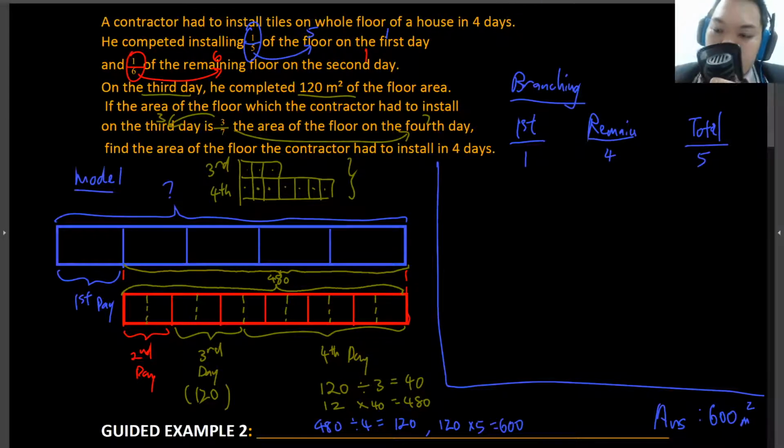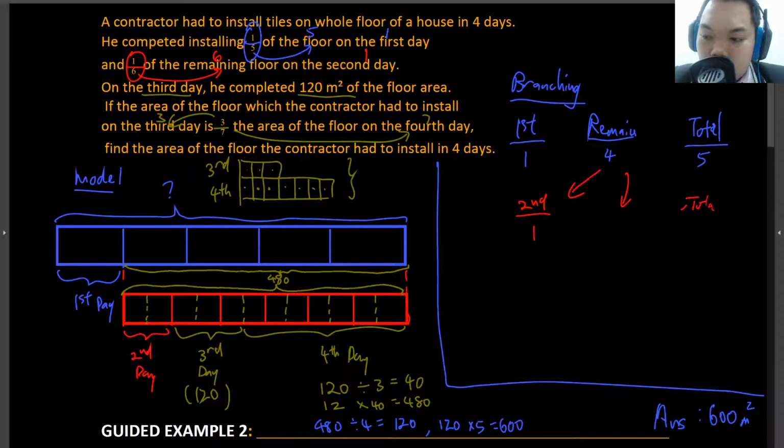Then on the second day, you completed 1 out of a total of 6 from the remainder, and now you are left with 5 over here.